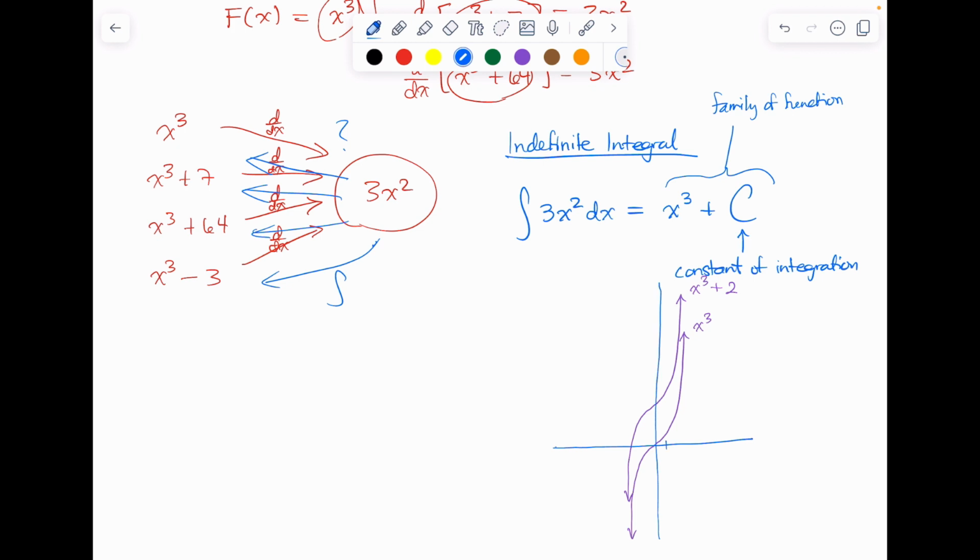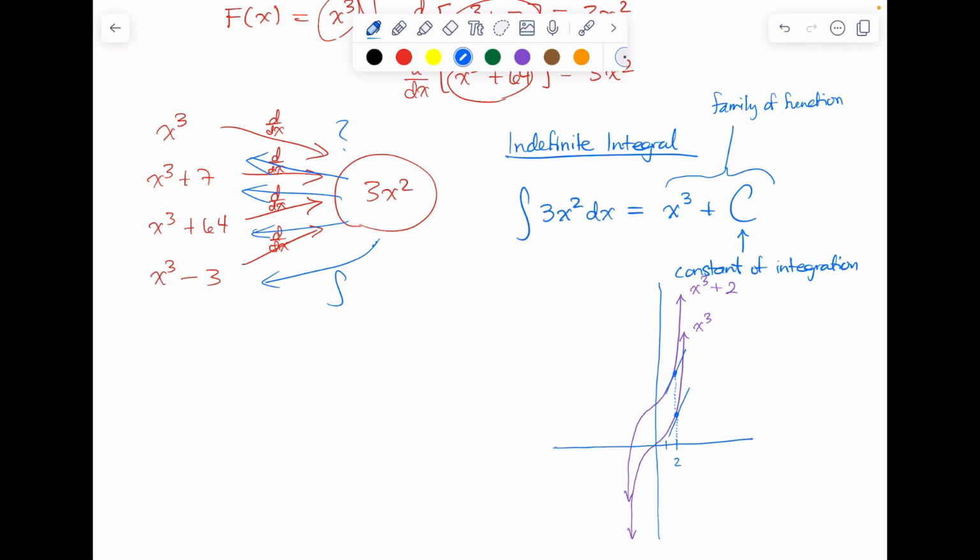So if I were to look at, let's just use the x-coordinate 2, right? What is the derivative at 2? Remember what the derivative is. It's the slope of the tangent line. So we'd get a tangent line like this. But also notice, because x cubed plus 2 is just a shifted up version, the slope of this tangent line should be identical.